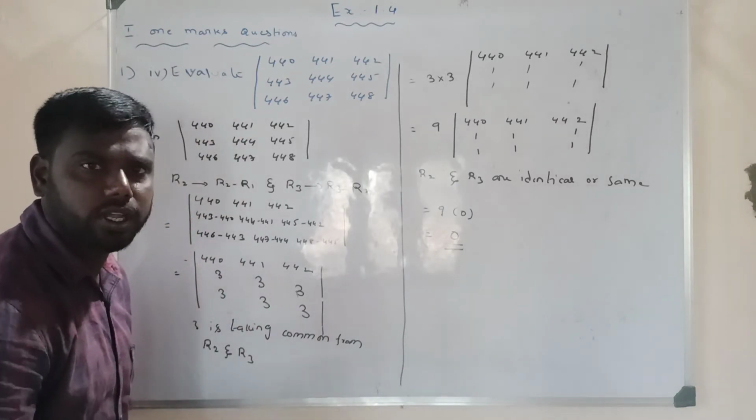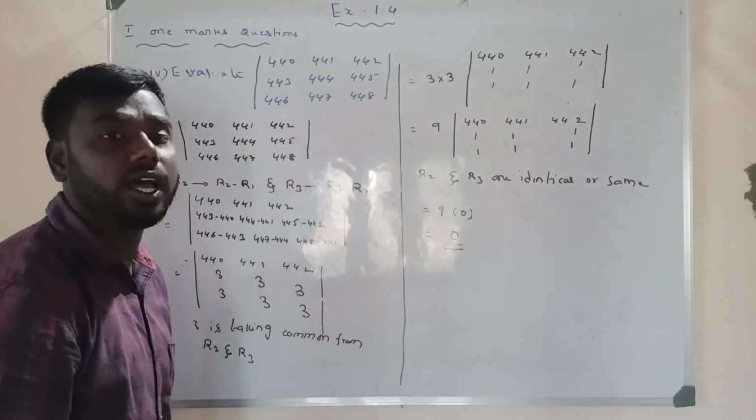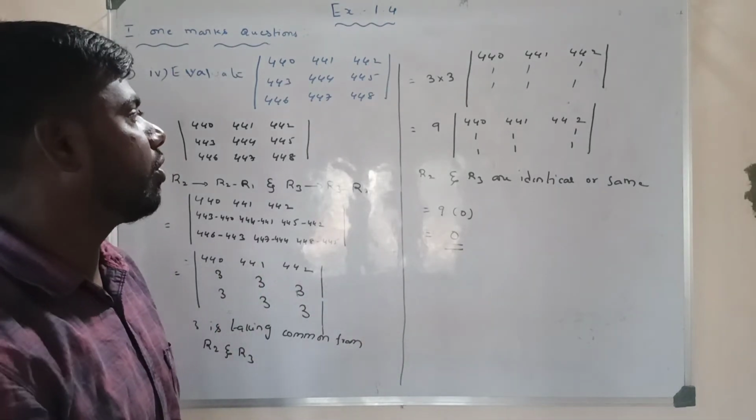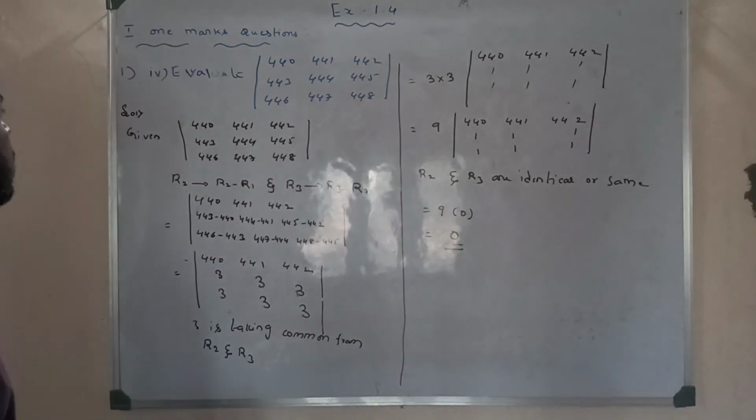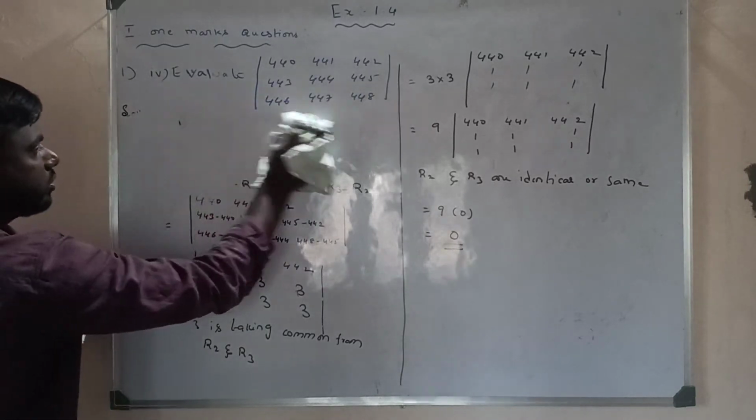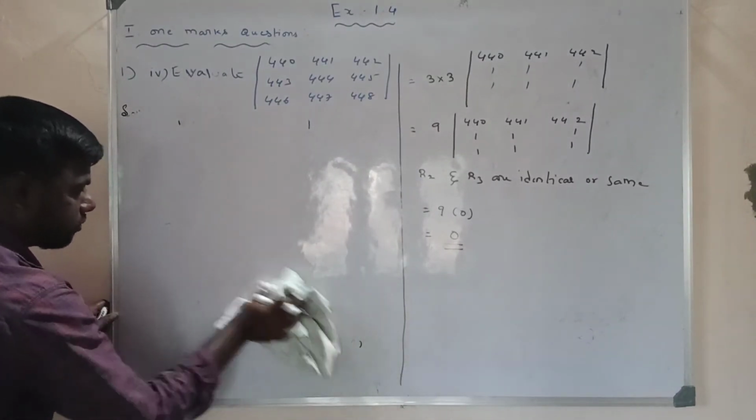By using the row or column operation, finally we get 0. I think everyone understood this question, students. Next we explain the fifth question.